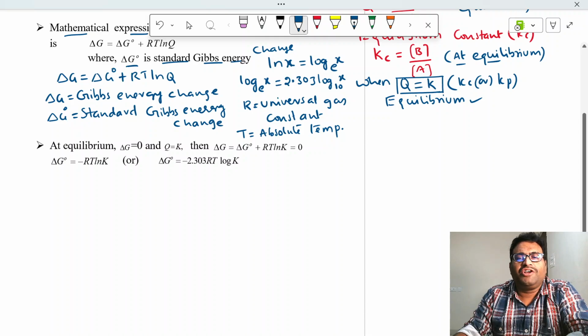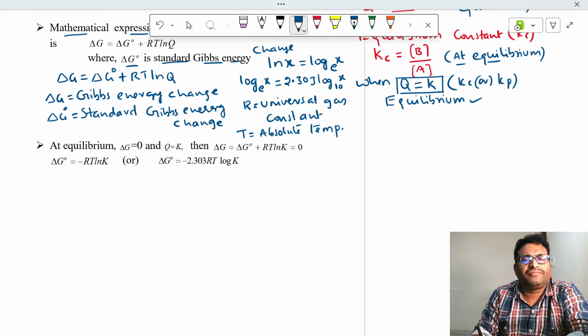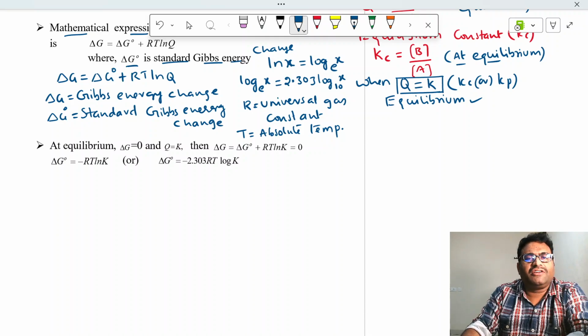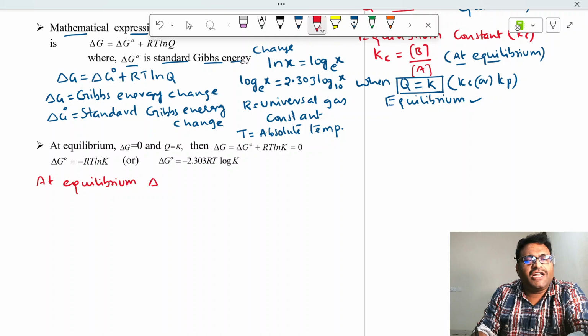At equilibrium, Q will become equal to K, whether it is Kc or Kp. So from the equation we have already studied, we know that at equilibrium, delta G, the Gibbs energy change, is equal to 0.